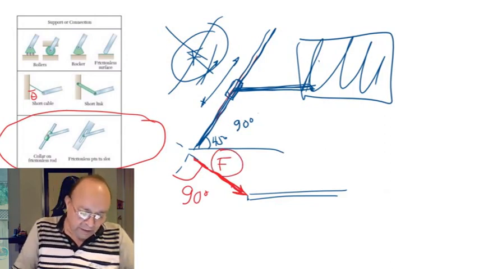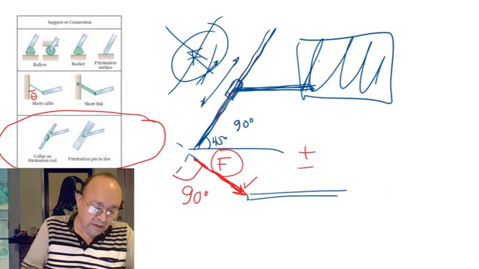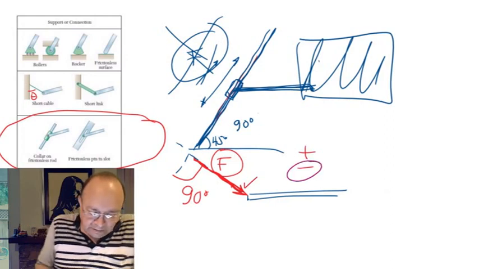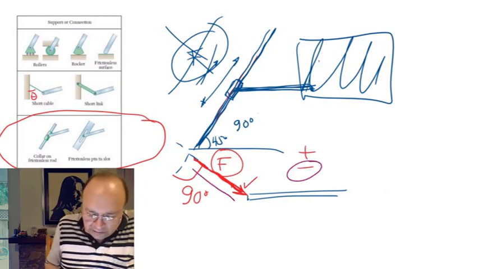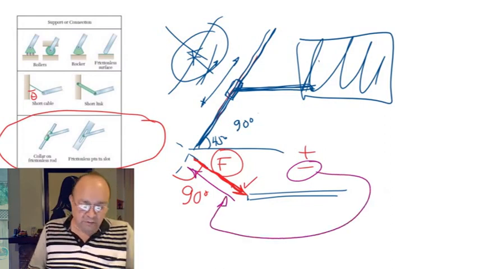So when you find the magnitude, you will find that it's either positive or negative. If it's positive, it means that this assumption was correct. If it's negative, then you know that the force is actually in the opposite direction. That's what the negative sign is going to tell you.